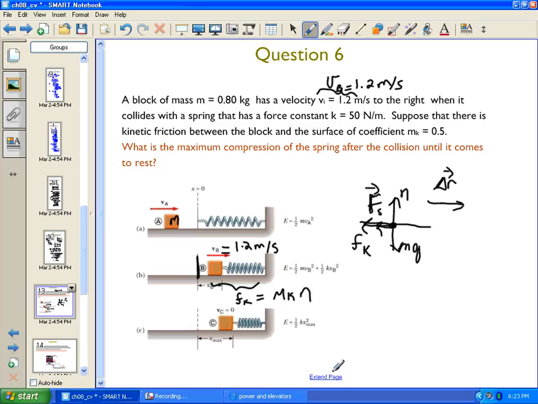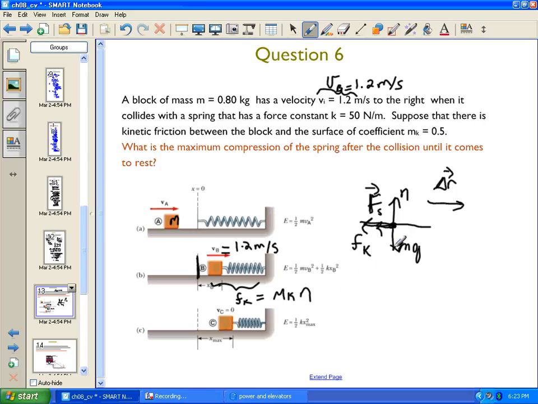So this is a situation where we've got a non-conservative force and a conservative force doing work on this block. In fact, the result of the conservative force doing work is to store potential energy as the spring becomes compressed.